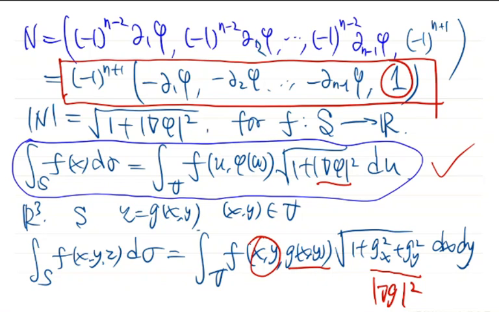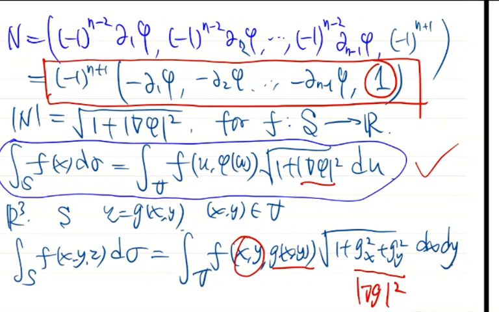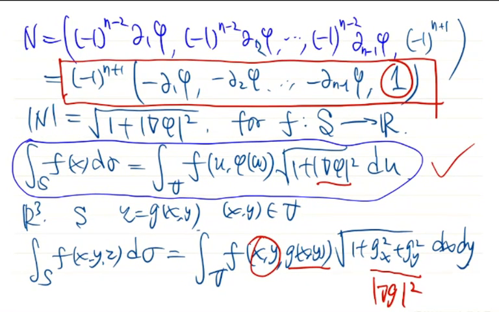That is the n components. That is n, sorry. n is minus 1 to the n plus 1, because in front of this we have minus 1 to the n plus 1, and we have a 1 inside.